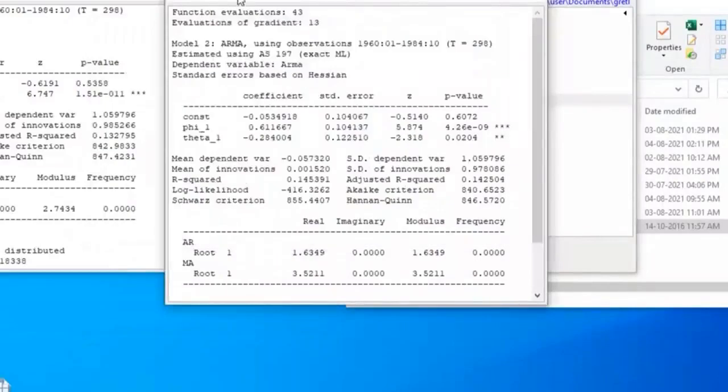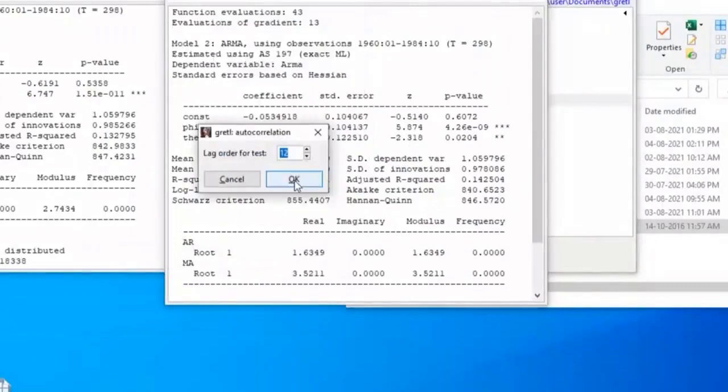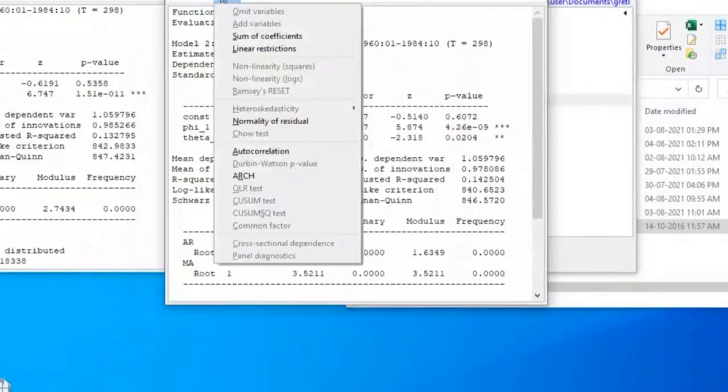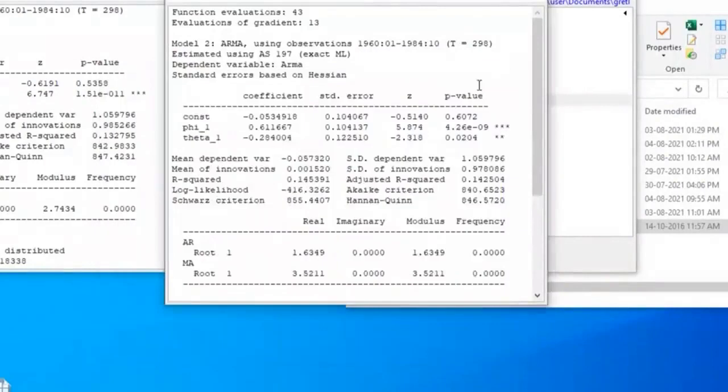Then again we go to the test and autocorrelation, lag 12. And the p-value is 0.635 or 0.636, so greater than 5%, there is no problem of autocorrelation. Go to the test, ARCH, lag 12. And here also the p-value is greater than 5%. That means this model also is adequate.